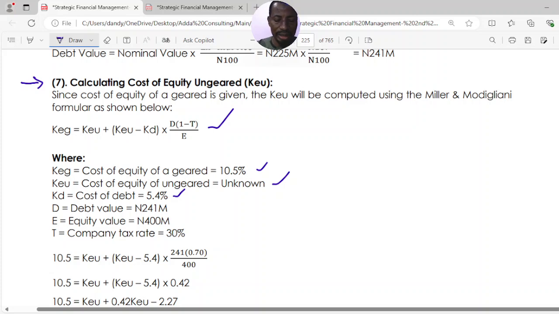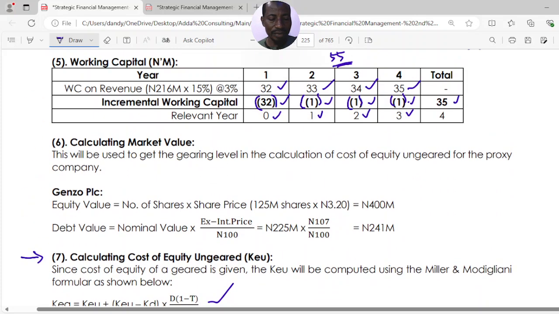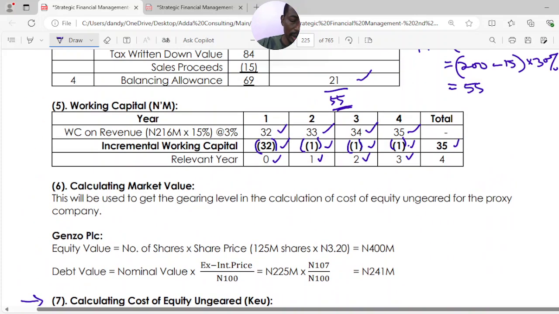We already know that the tax rate is 30% for the proxy company, which is similar to the tax rate of the main company in this case. Then, let's calculate the market value. How do you get market value? That will take us to working number 7. So I want to calculate the market value of equity.